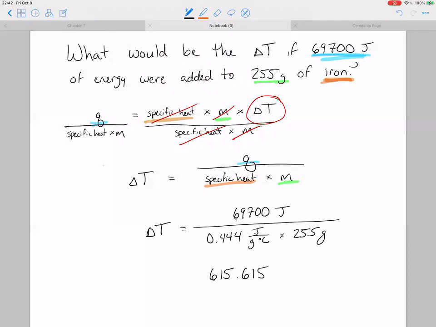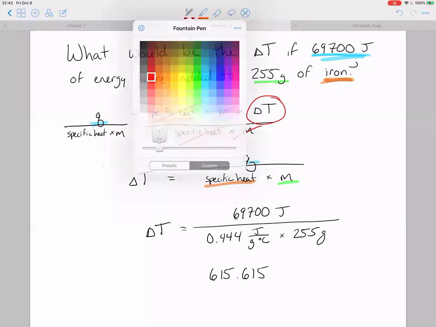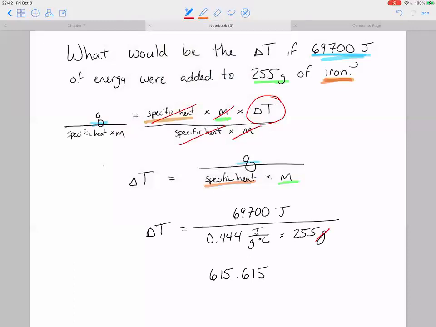Go back and look at units, right? On the bottom, the grams cancel, and then I'm having joules and dividing by joules. So unit-wise, what I'm left with is 1 over degrees Celsius, and this is just equal to degrees Celsius, which is good. That's what I would expect for a change in temperature, for that to be in Celsius.